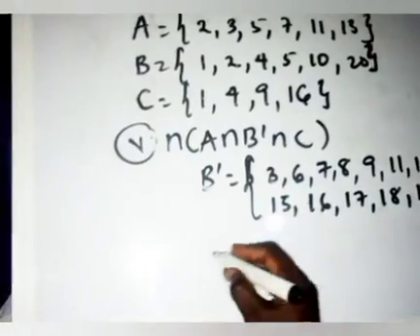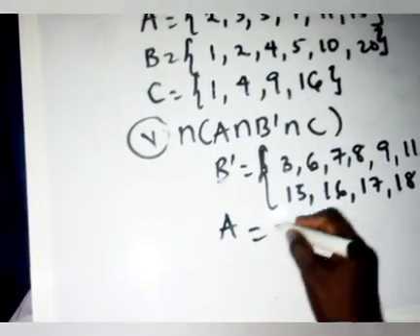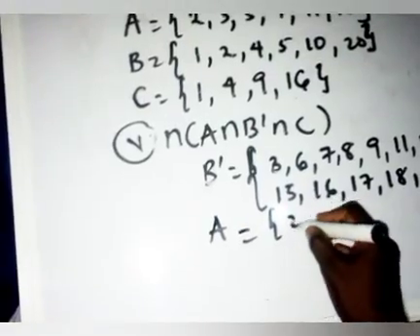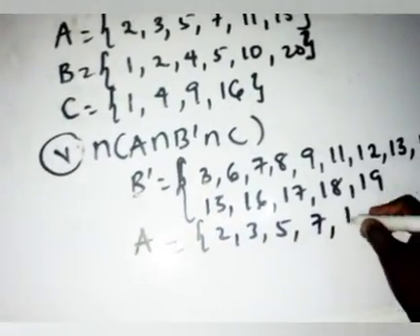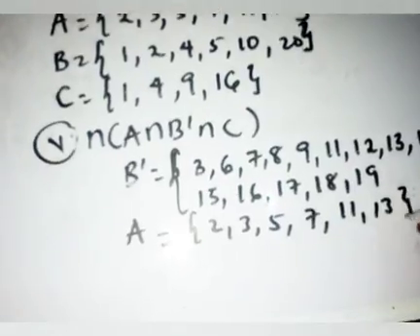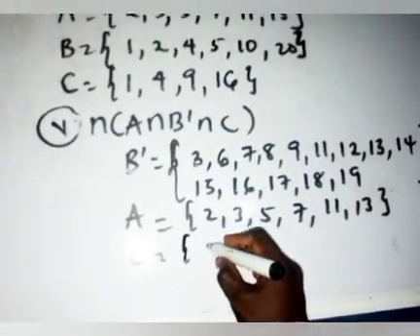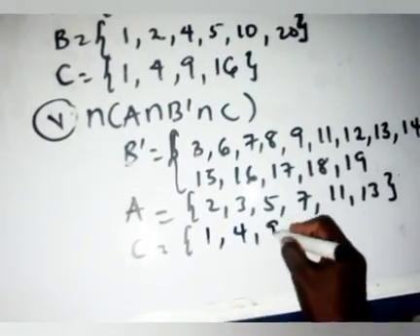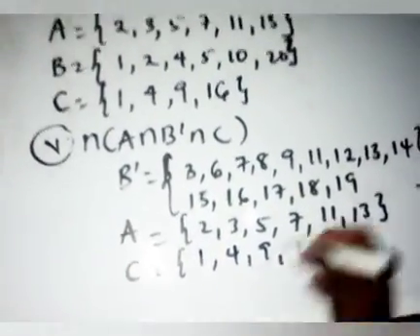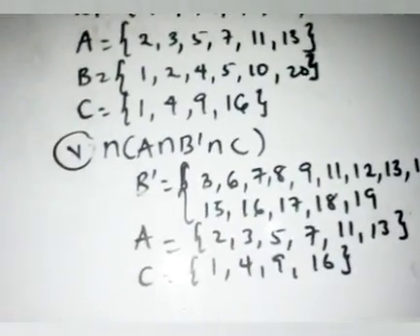So we now join it together with our A, 2, 3, 5, 7, 11, and 13. Then C also, we have 1, 4, 9, and 16. So we now check what is common in these three sets.